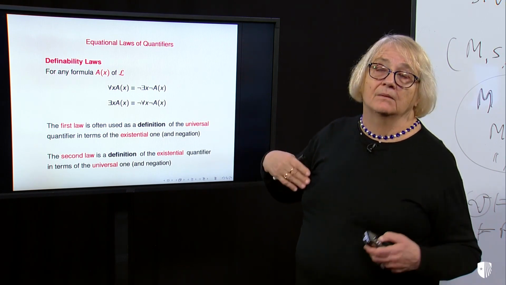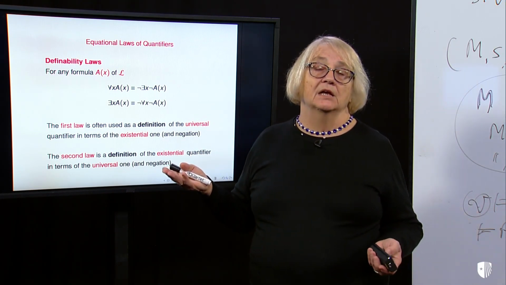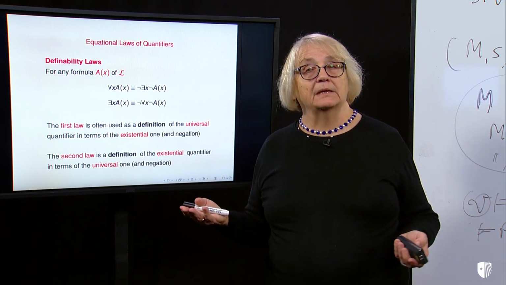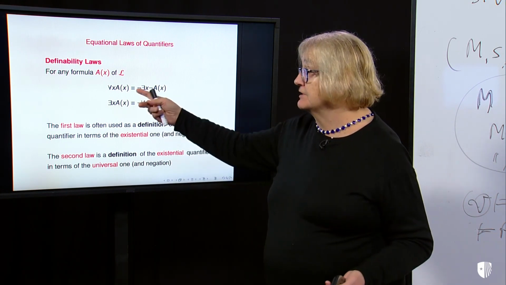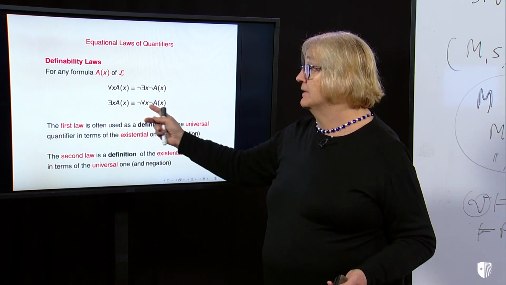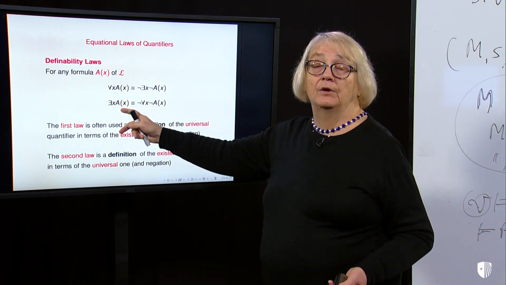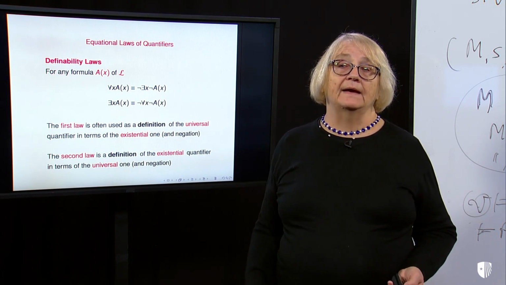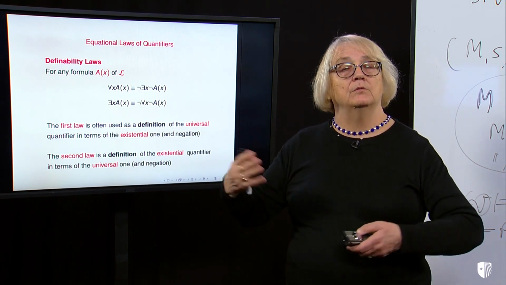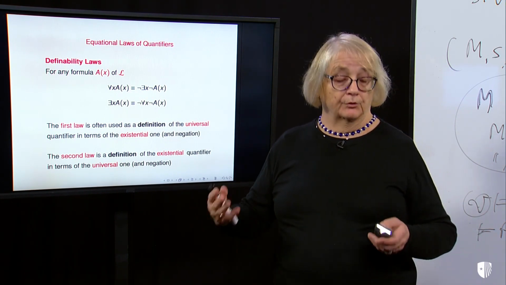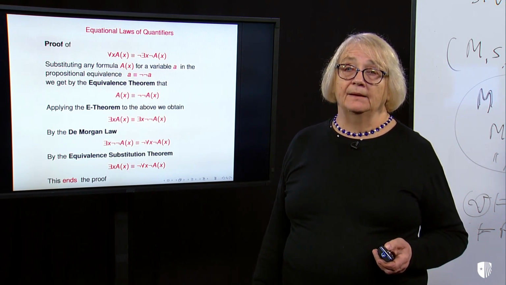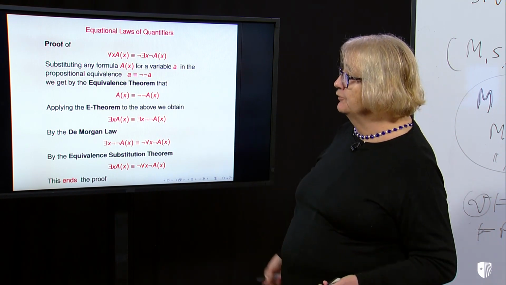That's why in classical predicate language, you might have only one quantifier and define the other in terms of it, or you can have only the existential quantifier and define universal in terms of that. But we use both of them in our framework, because that's how we think.